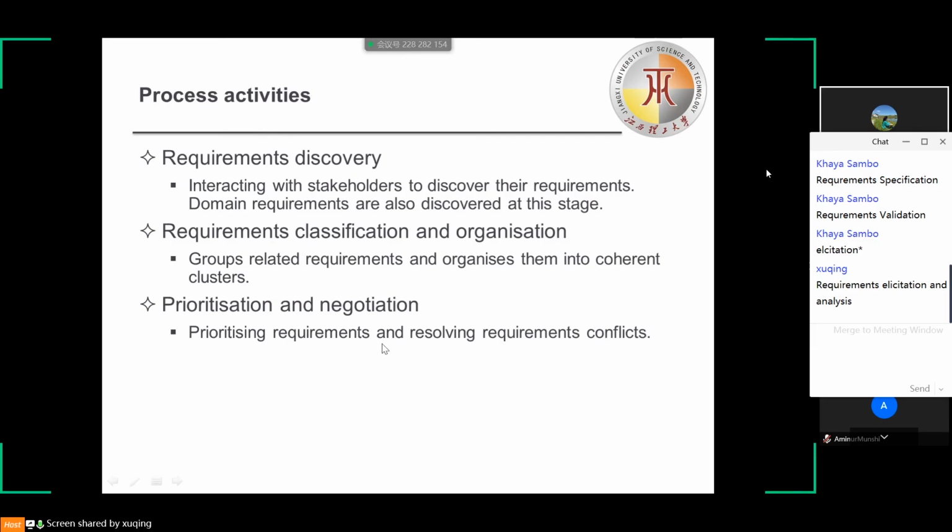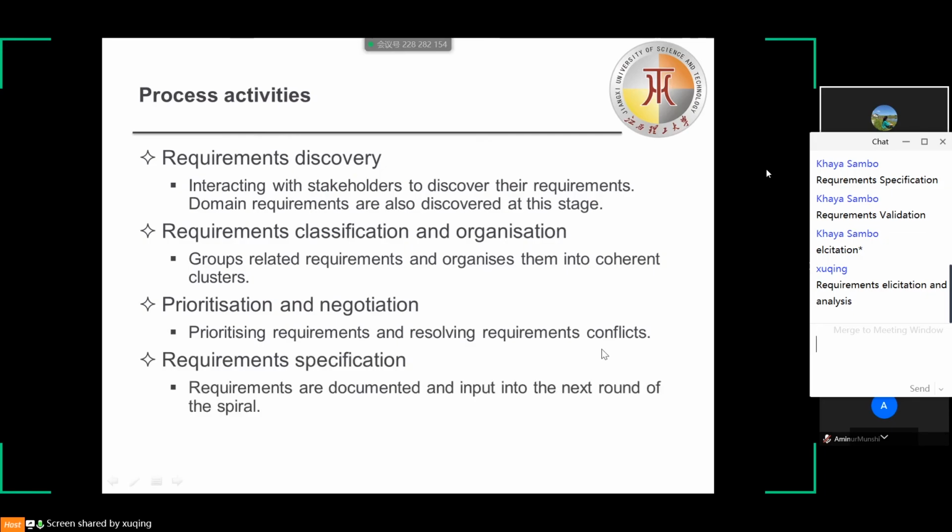So in this activity, we need to prioritize the requirements and find ways to resolve requirements conflicts through negotiation. Usually stakeholders have to meet together to resolve differences and agree on compromise requirements.